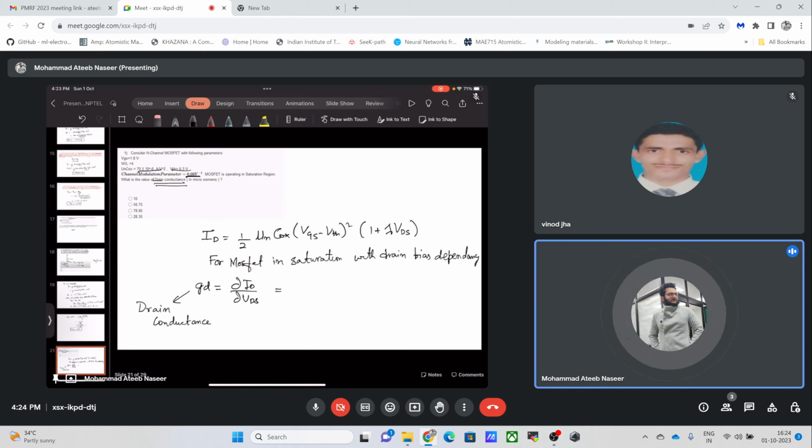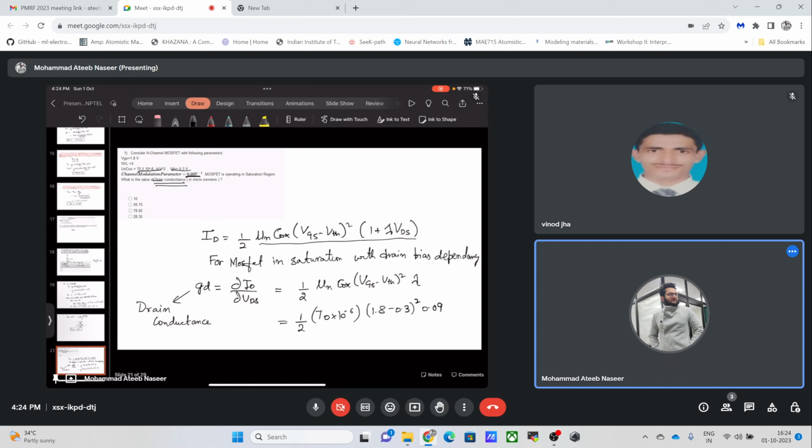So simply if I differentiate this equation, we will get this equal to 1 by 2 mu n C ox, VGS minus VTH whole square will remain as it is, and the whole thing will be multiplied by lambda. So let us put the values. It's 1 by 2, mu n C ox is 70 into 10 to the power of minus 6, VGS is 1.8, VTH is 0.3 whole square, lambda is 0.09.